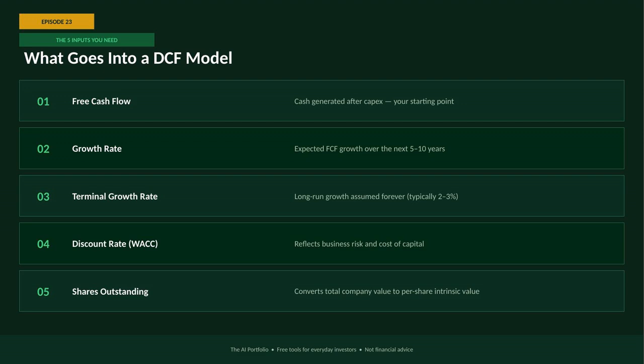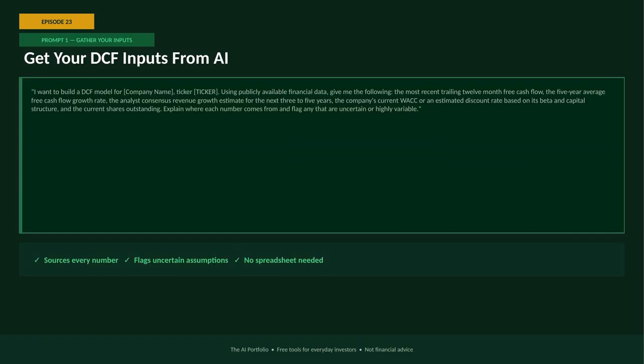Here's prompt 1 to gather your inputs. I want to build a DCF model for company name, ticker. Using publicly available financial data, give me the following: the most recent trailing 12-month free cash flow, the 5-year average free cash flow growth rate, the analyst consensus revenue growth estimate for the next 3 to 5 years, the company's current WACC, or an estimated discount rate based on its beta and capital structure, and the current shares outstanding.